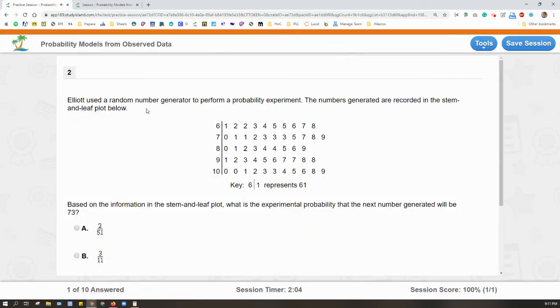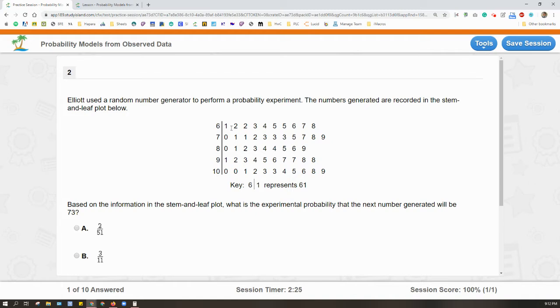Number two, Elliot used a random number generator to perform a probability experiment. The numbers generated are recorded in the stem and leaf plot below. So if you don't know how to read a stem and leaf plot, here's how it works. If we have a random number generator, there's 6, 7, 8, 9, 10 on the stems, and then all these numbers are leaves.